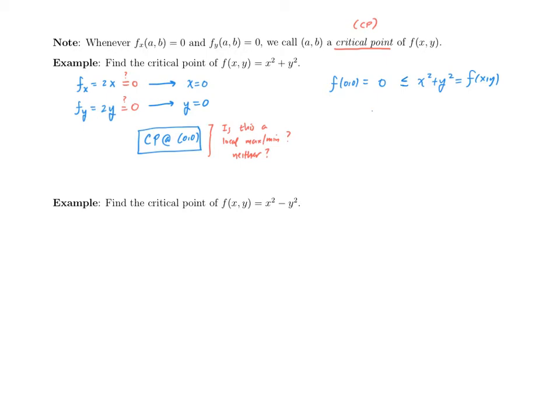And note what we've really explained here. F of 0, 0 is less than or equal to f of x, y for any possible inputs x and y. Which verifies for us that 0, 0 is not only a local minimum, we could even describe it as being an absolute minimum. So 0, 0 is an absolute minimum, and f of 0, 0 equals 0 is the absolute minimum value.